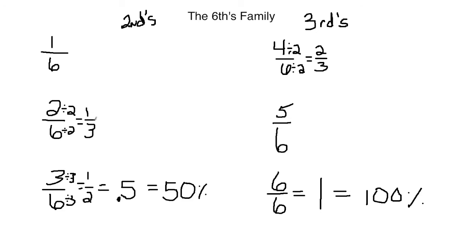Now, we should already know what this is as a decimal. If not, you say to yourself, can 3 go into 1? No. You add a 0. 3 goes into 10 how many times? 3 times without going over. And since it is a proper fraction, we know it has to be a decimal.